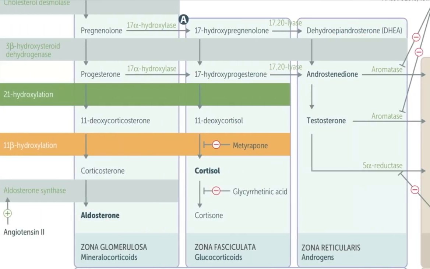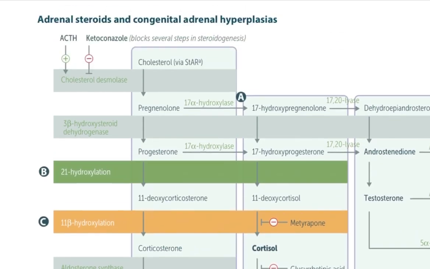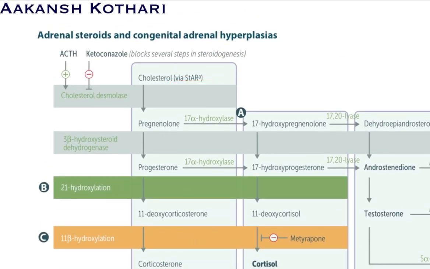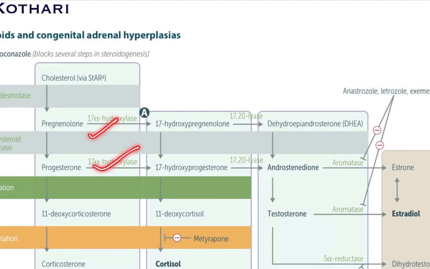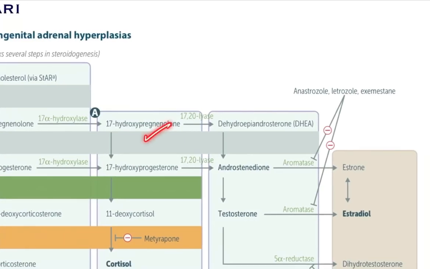Is it clear? So it again starts with cholesterol, then pregnenolone or progesterone. From there 17 alpha hydroxylase leads to 17-hydroxypregnenolone or 17-hydroxyprogesterone, and then there is a cleavage, or a lyase, which converts these two into DHEA or androstenedione respectively.